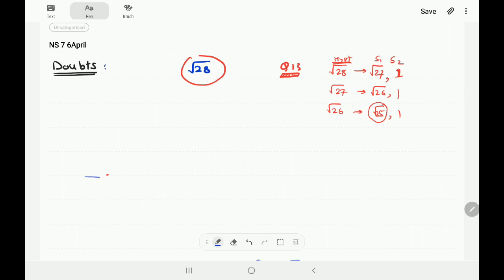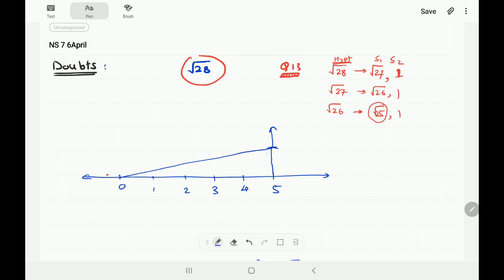So what I have to do first of all is a number line: 0, 1, 2, 3, 4 and 5 this time. Perpendicular, 1 unit distance from 0, again I repeat, from 0. So this hypotenuse is going to become root 26.